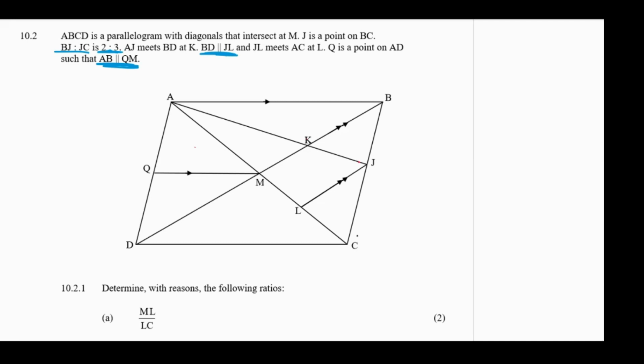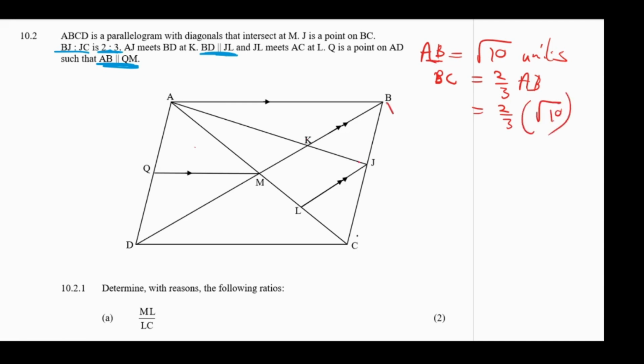Okay, so we know that AB is the root of 10 units, right? And we know that BC is 2 over 3 of AB, right? So if we were to find this BC, because we know AB, it's going to be 2 over 3 into root of 10. So now we know BC, which is this one here, 2 over 3 root of 10.